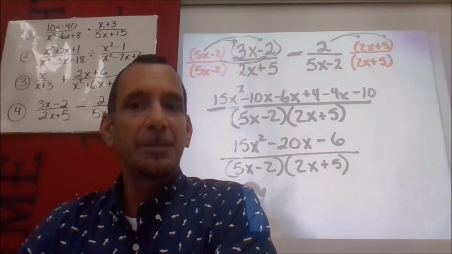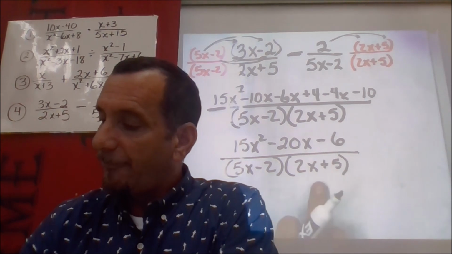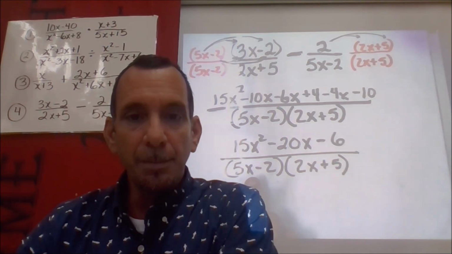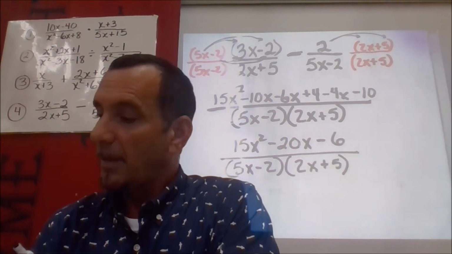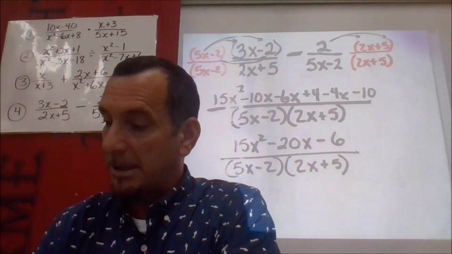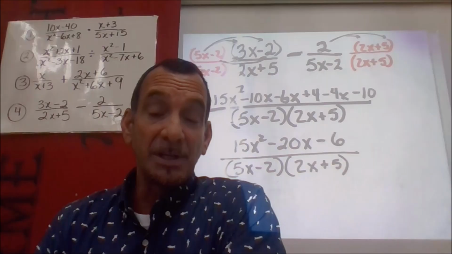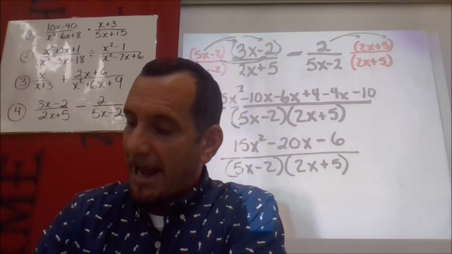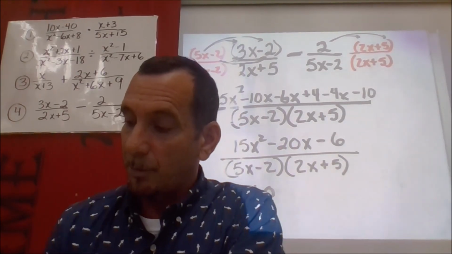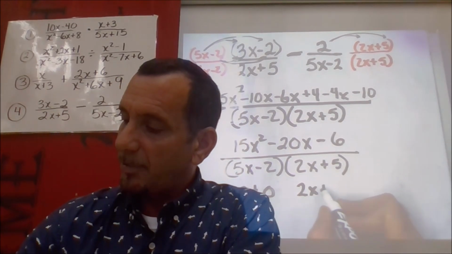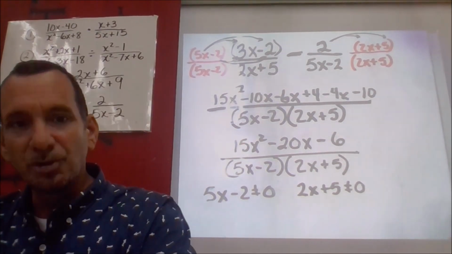However, I need to find my restrictions on the denominator. And that is the one final step where I'm going to say what would make either of these factors in the denominator 0, because that's what x cannot be. Because this will give us a little strange restriction on the denominator, I'm going to write it out, and I'm going to say 5x minus 2 cannot equal 0, and 2x plus 5 cannot equal 0, or I'm going to set each factor to 0.